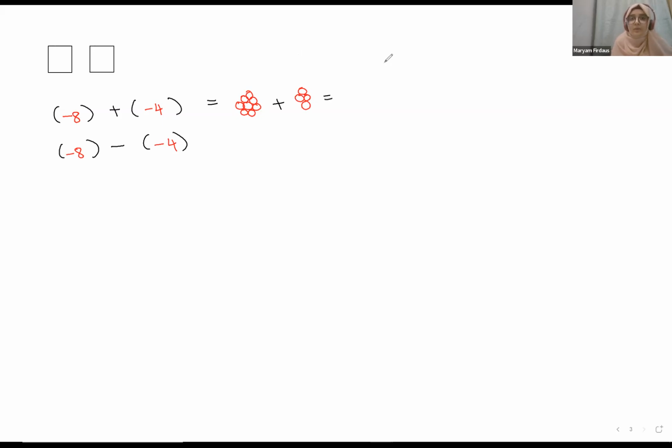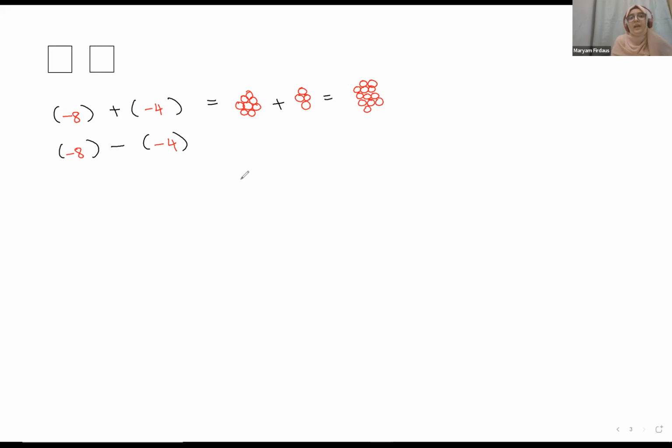That's right, 8 plus 4. So -8 plus -4, now we have 12 of this negative stuff, or negative balls if you wish. 1, 2, 3, 4, 5, 6, 7, 8, 9, 10, 11, 12.